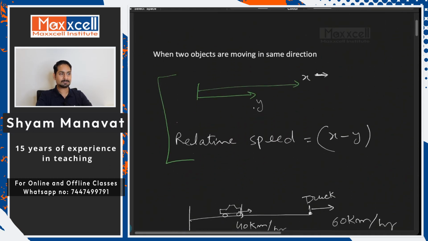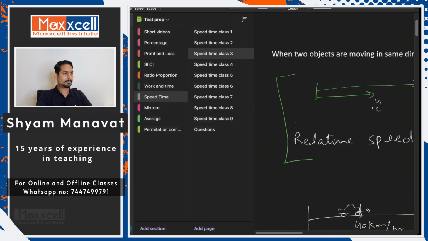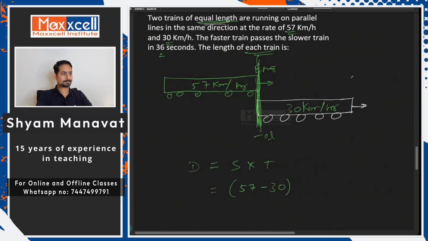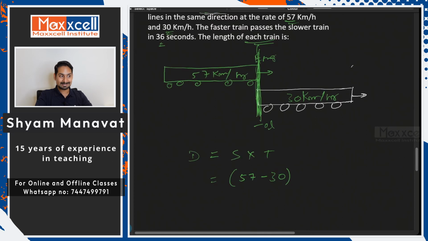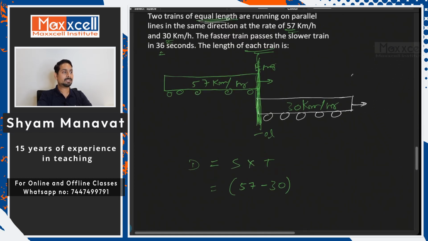Moving in the same direction, x minus y. Perfect. But this speed will be in kilometers per hour, right? So I need to multiply by 5 by 18 to convert into meters per second. So this much is only for the speed. Multiply by time. What is the time given there? It takes 36 seconds.